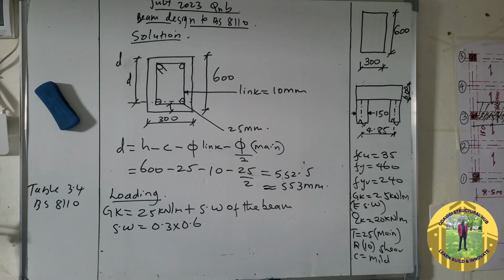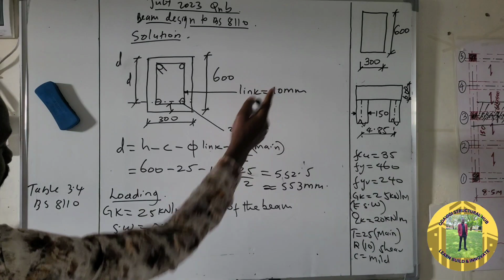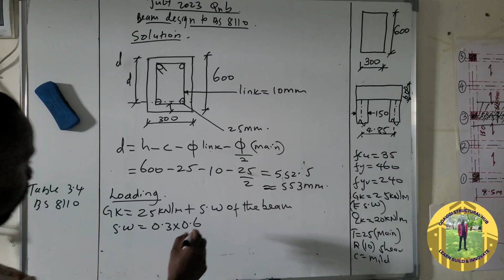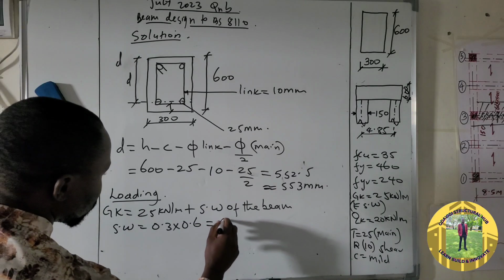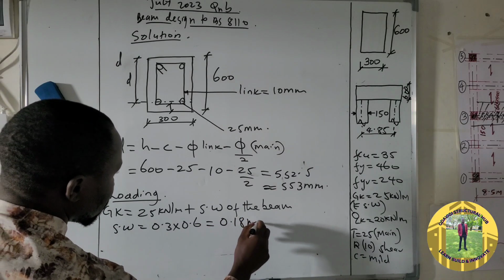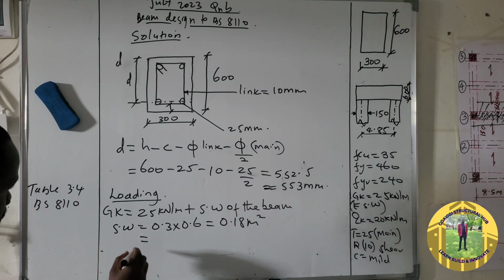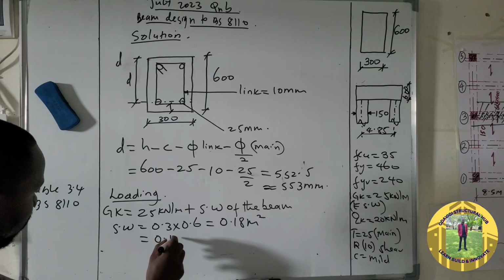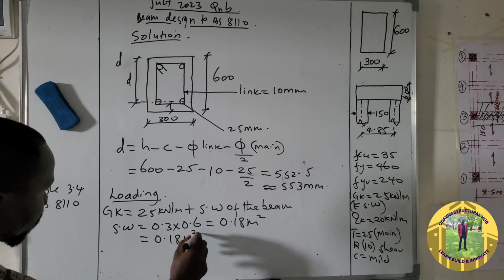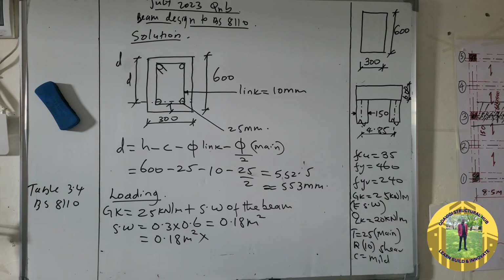So 300 will be 0.3 and 600 will be 0.6. So this is equal to 0.18 meter square. So self weight will be 0.18 meter square times the unit weight of the concrete.